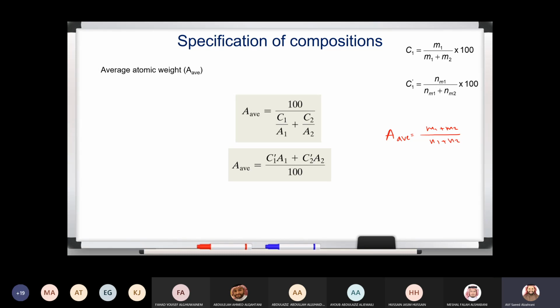But these are basically specification of composition, meaning that you have a composition, you need to find the atomic percentage of one component, or the weight percentage, or the average density, or the average atomic weight, or basically the mass with respect to the volume of the whole material. So these kind of things is helpful when you are talking about a solid solution system.